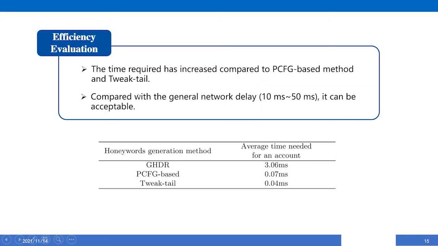We also test the efficiency of using the GHDR method to generate Honeywords, and the results show that although the average time required for the proposed GHDR method to generate Honeywords for an account is much higher than that of the PCFG-based method and the twinkling tail method, it still only takes about 3.06 milliseconds, compared with the general network delay, usually 10 milliseconds to 50 milliseconds.